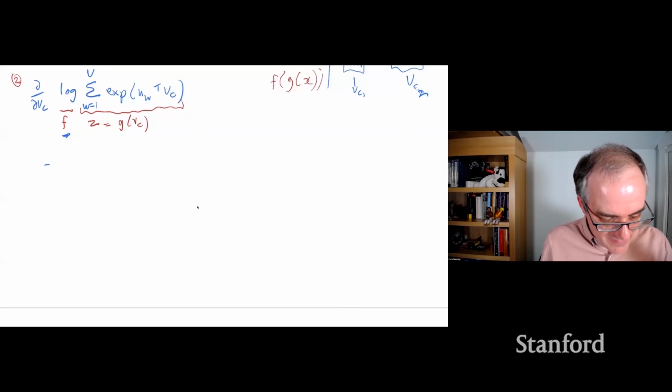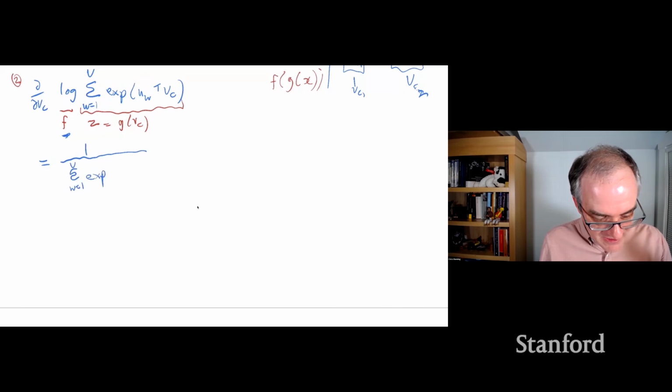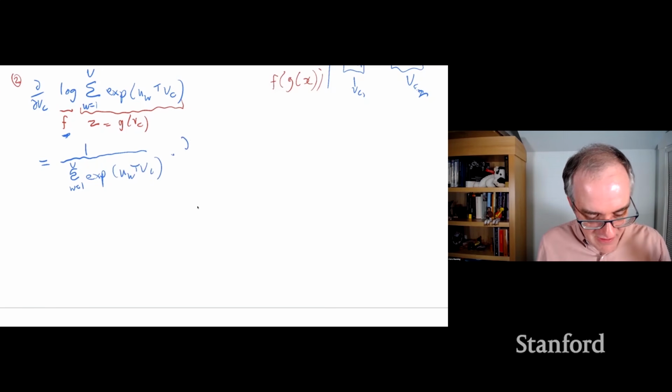So this is going to be equal to the 1 on x for z. That's then going to be 1 over the sum of w equals 1 to V of exp of u_w^T vc, multiplied by the derivative of the inner function.